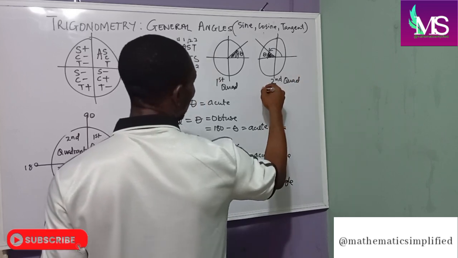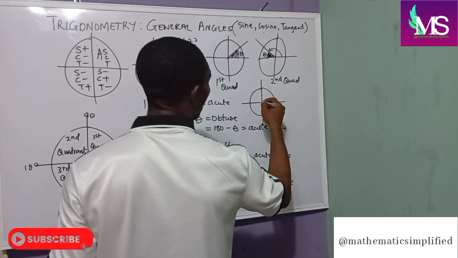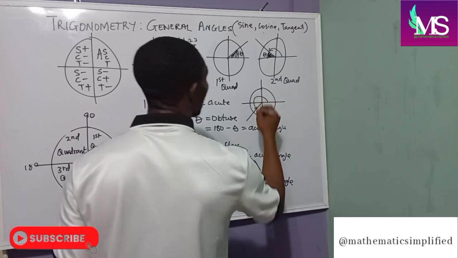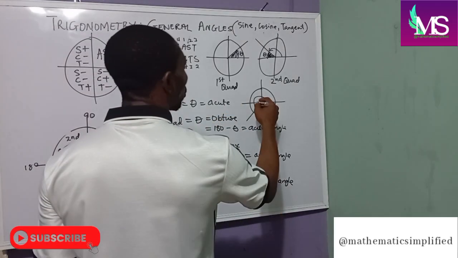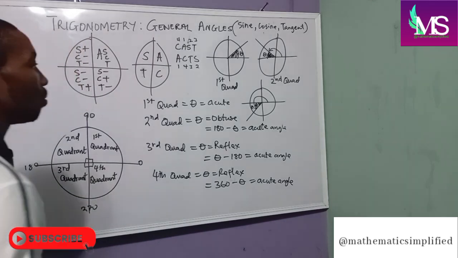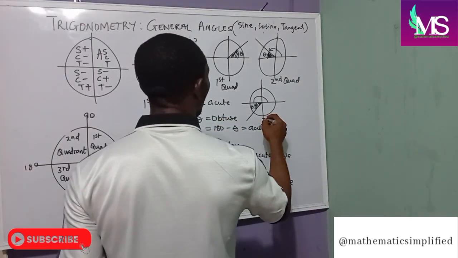Now for the third quadrant, since it's theta minus 180, this will be our acute angle. Our acute angle will be here. That's for our third quadrant.